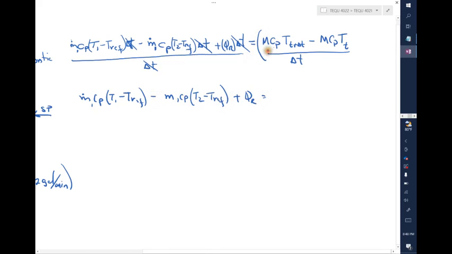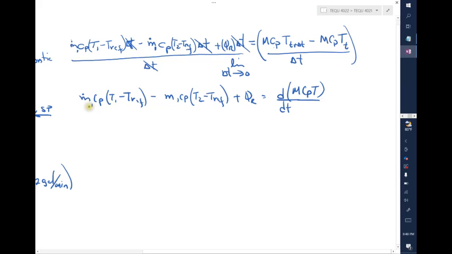This is the definition, when we do this in the limit that delta T approaches 0, of a first derivative. So it's as easy to say that this is mCp dT/dt, and that's what you have. Now let's work some simplification here.